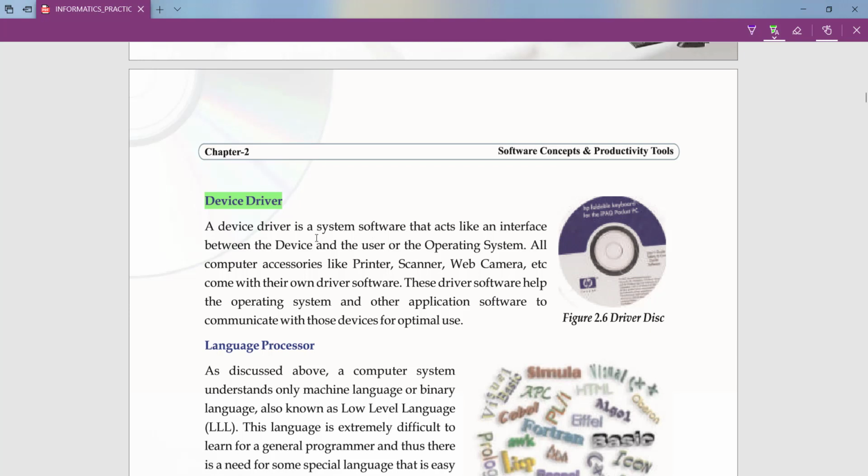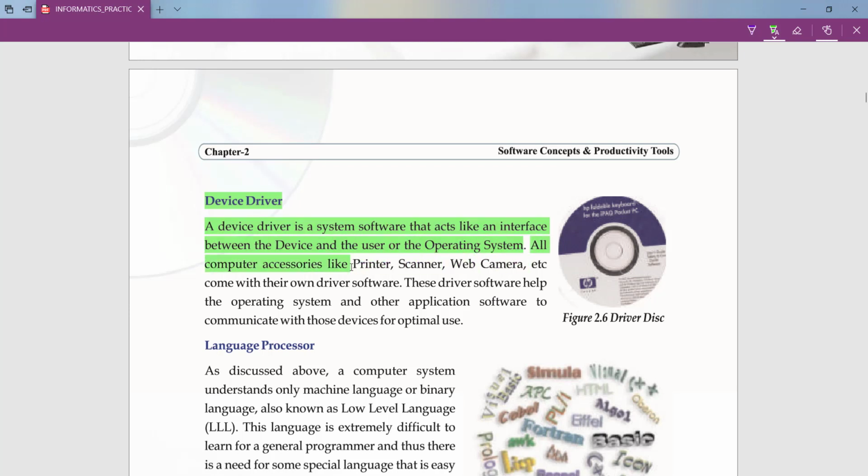So, note down the definition of device driver. A device driver is a system software that acts like an interface between the device and the user or the operating system.